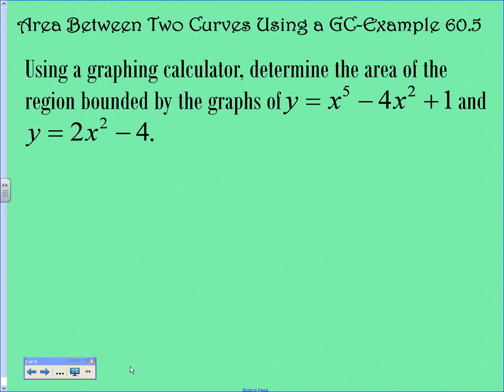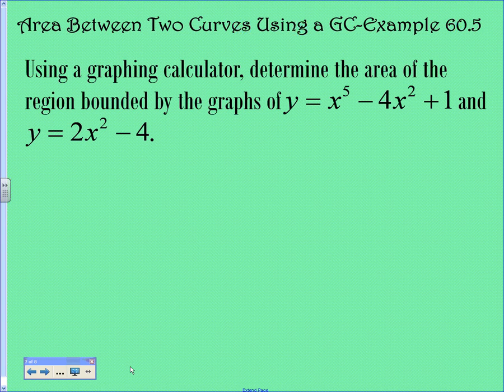Okay, so we're going to go to our graphing calculator, and where are we going to go? Y equals. Why are we going to y equals? We're going to plug in our equations. What are we going to do with our equations? Okay, see where they intersect.